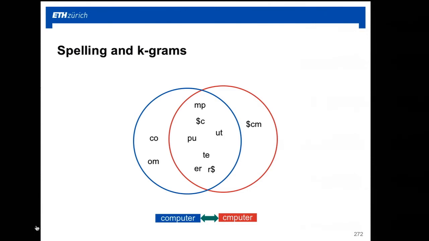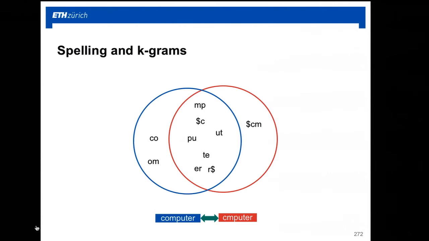This 2-gram here encodes the fact that R is the last letter of the word, and it is just as important as the others. This one encodes the fact that they both begin with C. So this is why we need to have this information as well. This is the trick. Those who found other numbers may have forgotten: who forgot about the dollar? Some of you. So this is why we have 7 divided by 10.